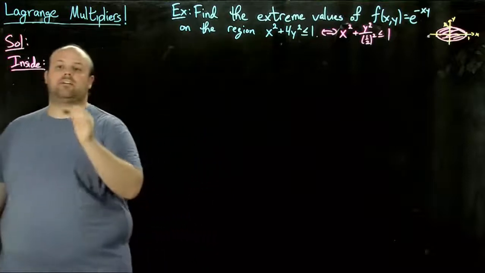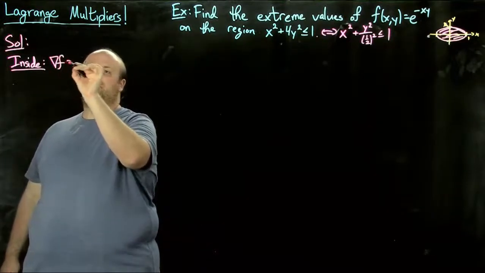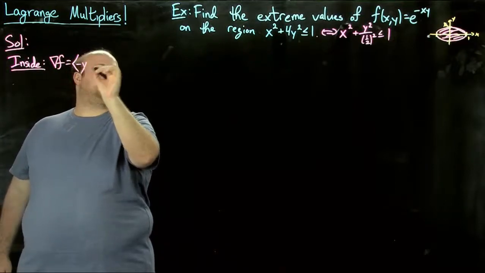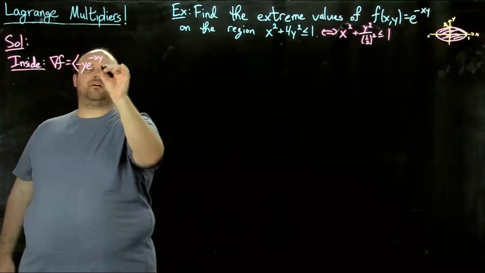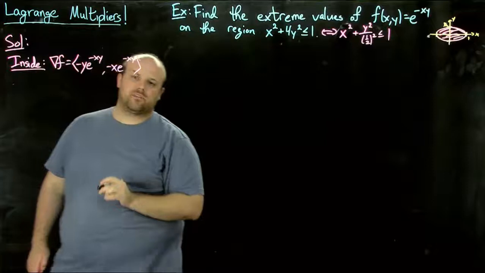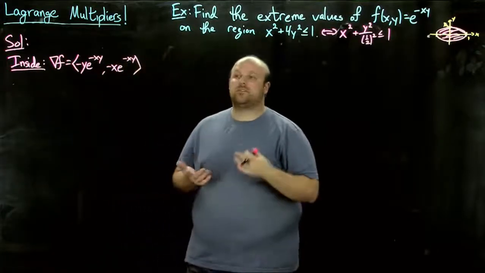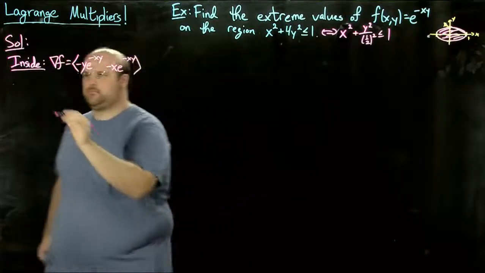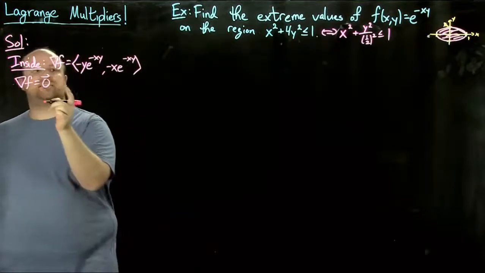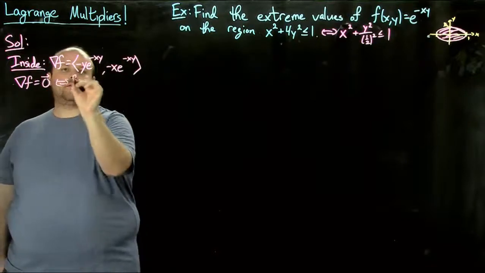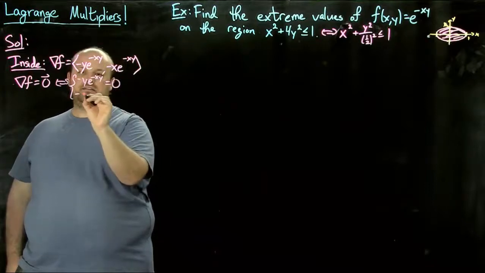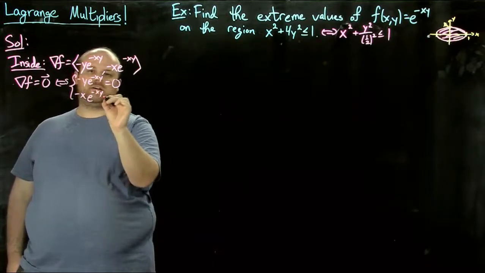Okay, so let's go ahead and find the gradient of f. That is minus y e to the minus xy and minus x e to the minus xy. Okay? So when is the gradient 0? If we want the gradient to be 0, that's the same as asking that minus y e to the minus xy is 0 and minus x e to the minus xy is 0.